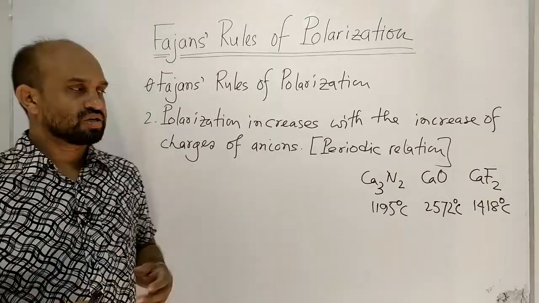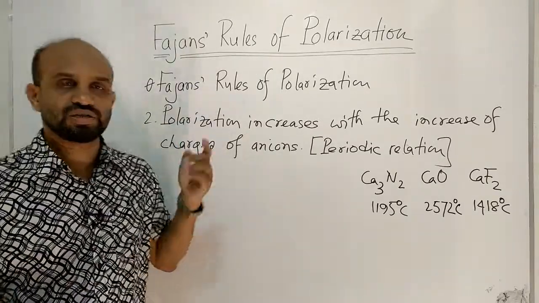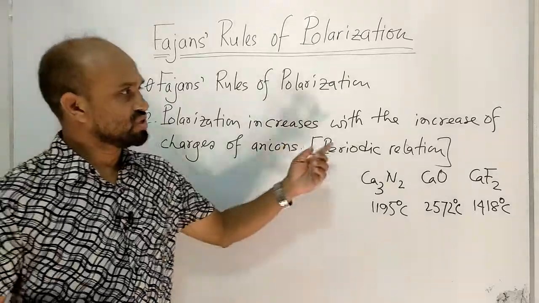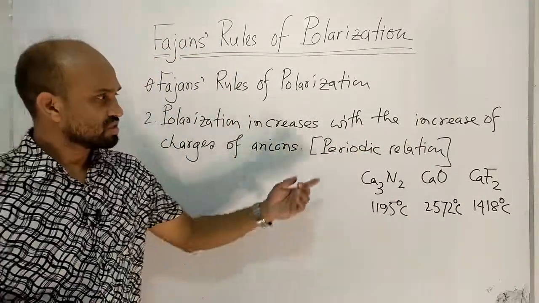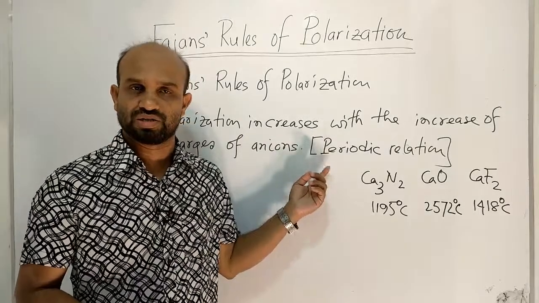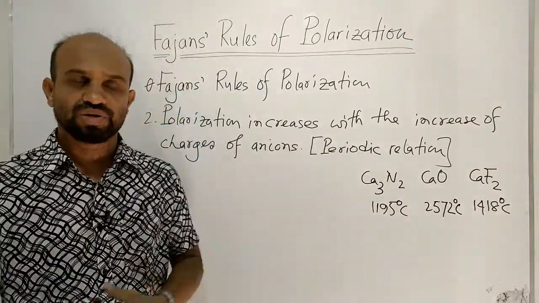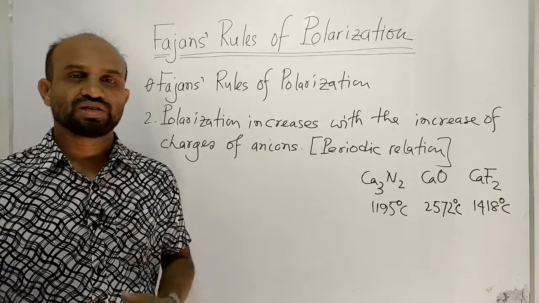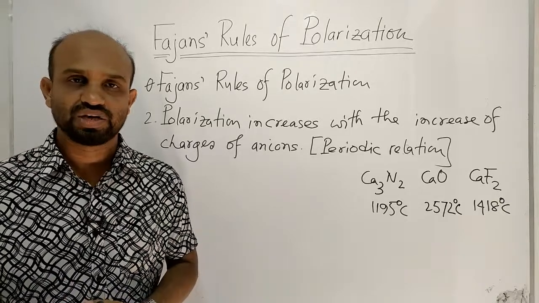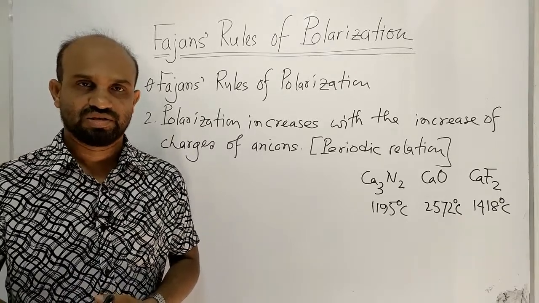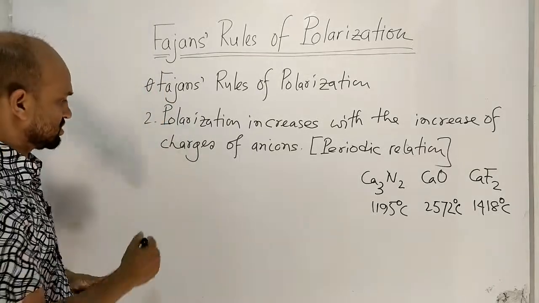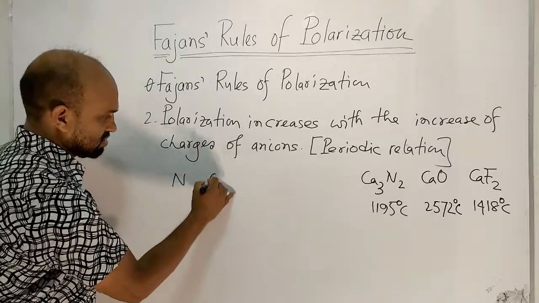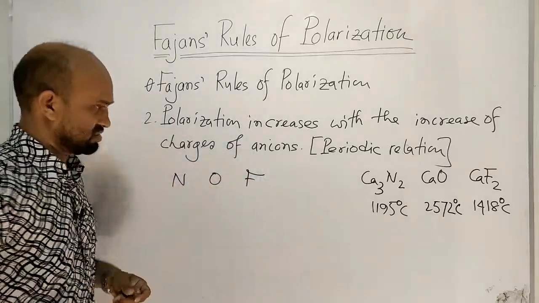Rule number 2: polarization increases with the increase of charges of anions. This is also a periodic relation. That means along a period, polarization changes with the change of anionic charges. Now let's take elements of a particular period: nitrogen, oxygen and fluorine.